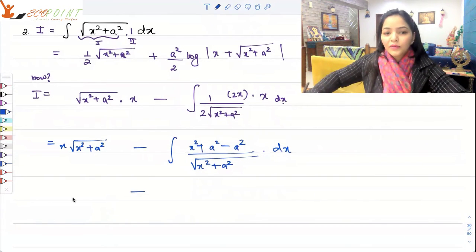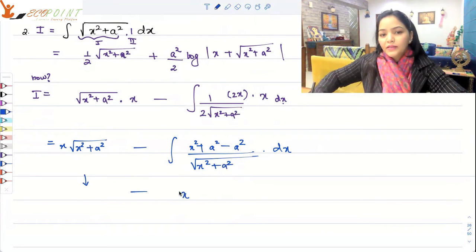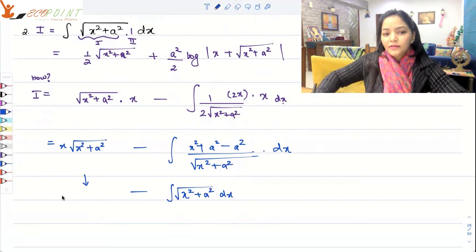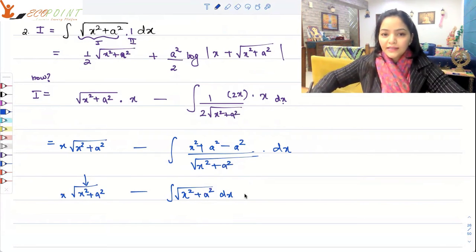And hence what will happen, this as it is, here it will be integral of square root of x square plus a square dx. So let me just write it down completely for you. And maybe I can give you the next one as an exercise.